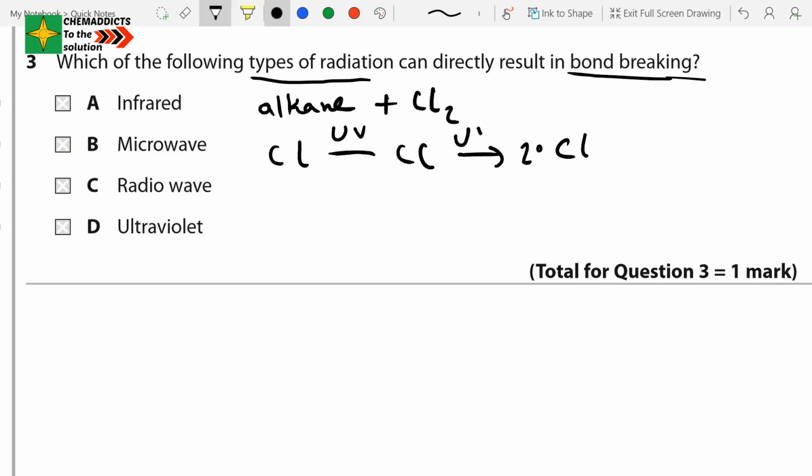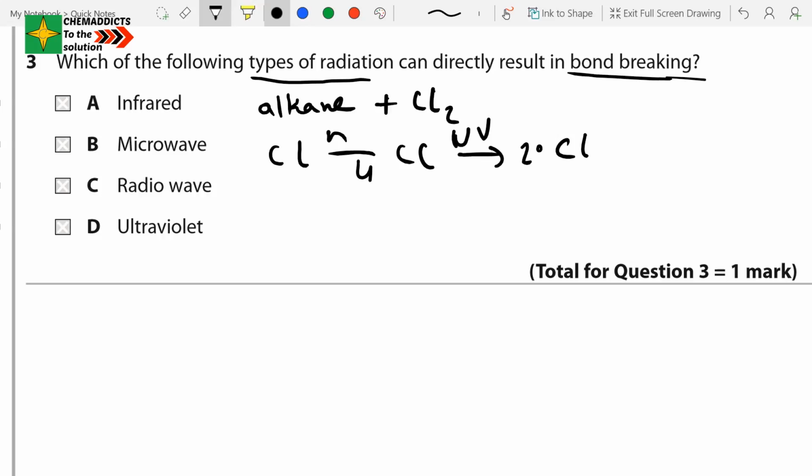We need to give UV radiation in order to break this bond homolytically, so this goes here and this goes there. The condition was UV radiation in order to initiate the reaction.